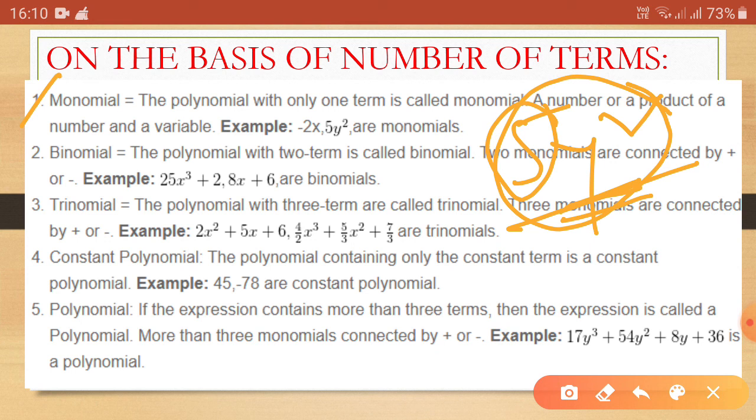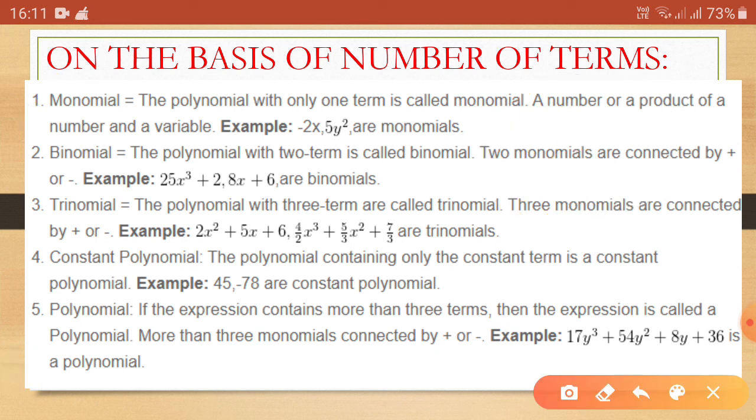We know y is the variable and 5 is the number, or you can say constant. So this is known as the monomial. When we have only one term in a polynomial, then it is known as the monomial.